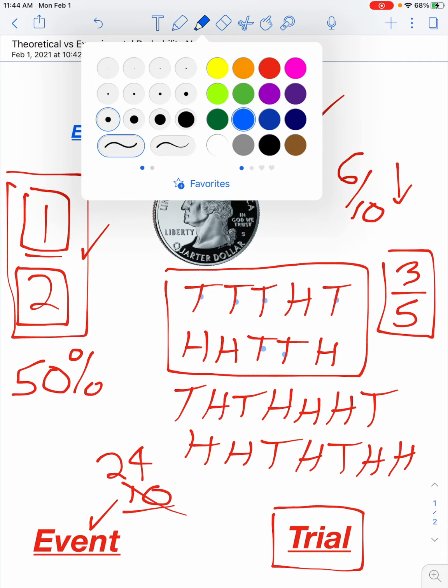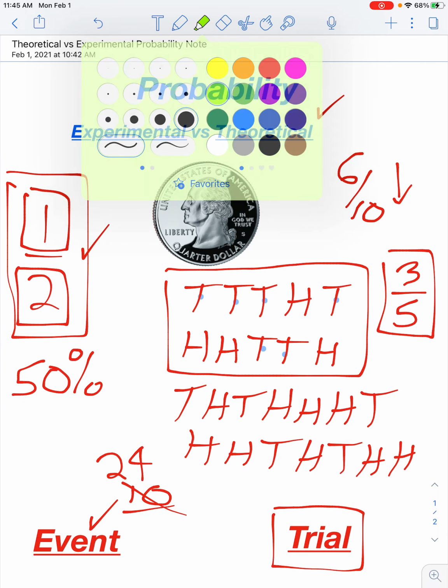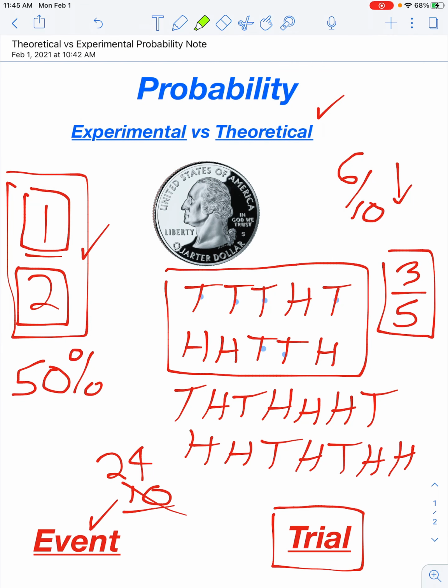Now let's take a look. Now let's see what we're doing here, okay? If I were to go down and try to figure out how many tails I have now, as my events here increased by 14 to 24, my trial now has expanded. The larger and larger your trial is, the closer and closer your experimental probability would reach what we're looking for, which is the theory. So let's take a look.